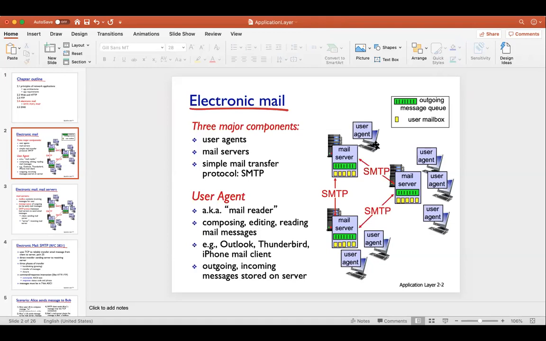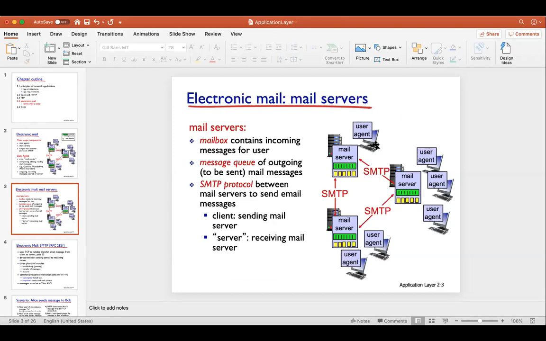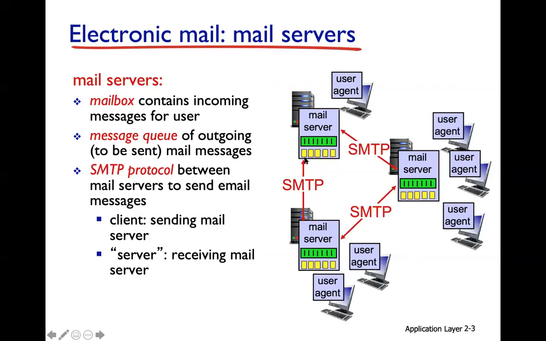Usually the user agent may not save the mail, so the message may be stored at the server. The mail server usually has two parts. The green part on the top is the mail queue.